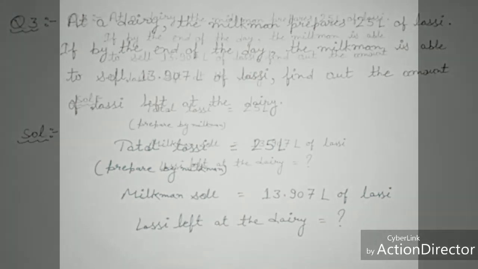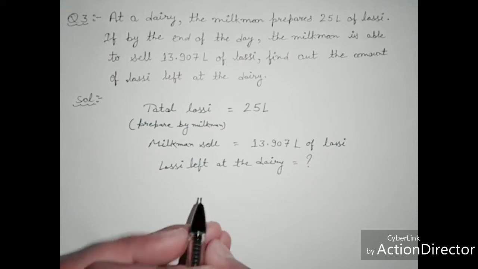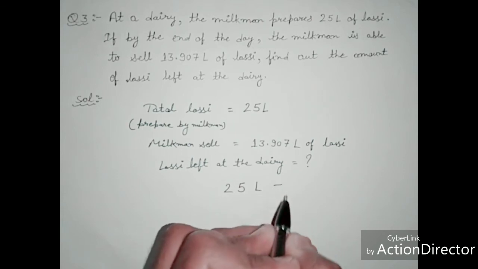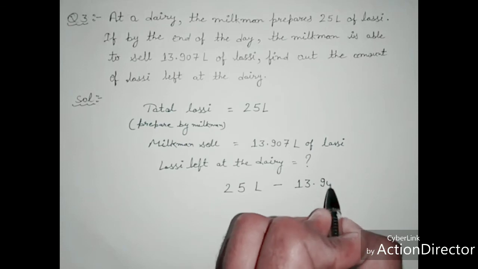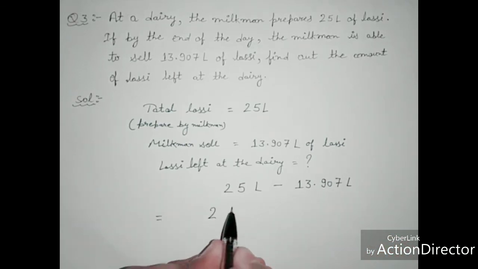Here we find the amount of lassi left at the dairy, so we subtract 13.907 lassi, the total sold lassi, from the total amount of lassi, 25 liter. So here we subtract 25 liter lassi minus 13.907 liter.